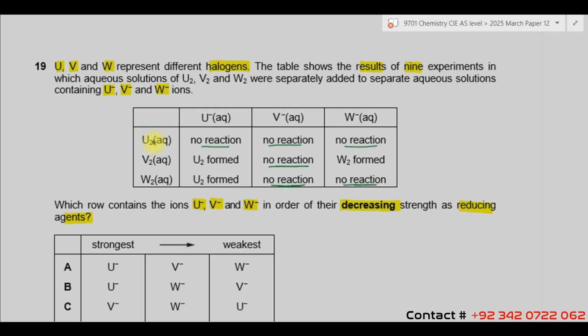So we can see the first one does not react at all, second one reacts with 2, third one reacts with just 1. So from this we can infer that U2 is the least reactive, as it does not react with anyone. Then V2 is the most reactive among these three, as it reacts with 2 of them, and W2 is in between.